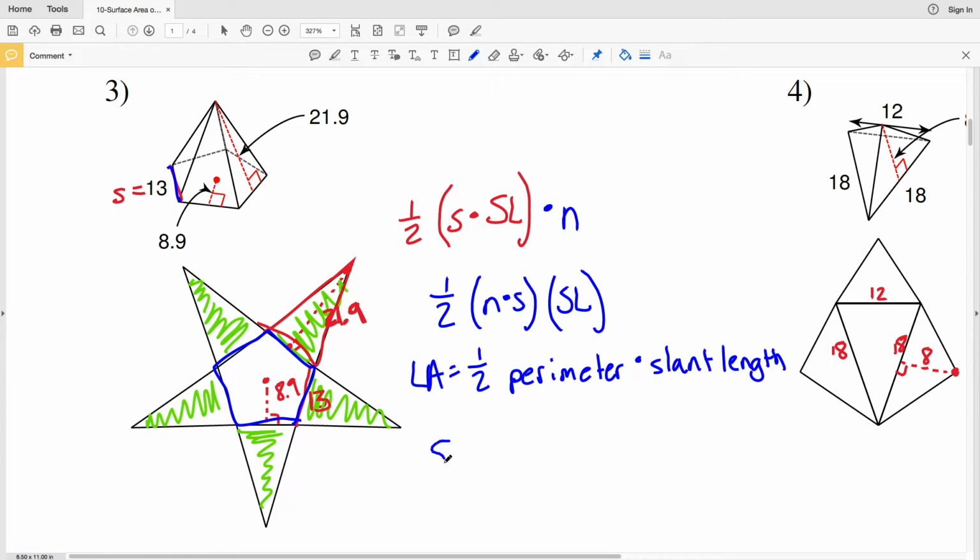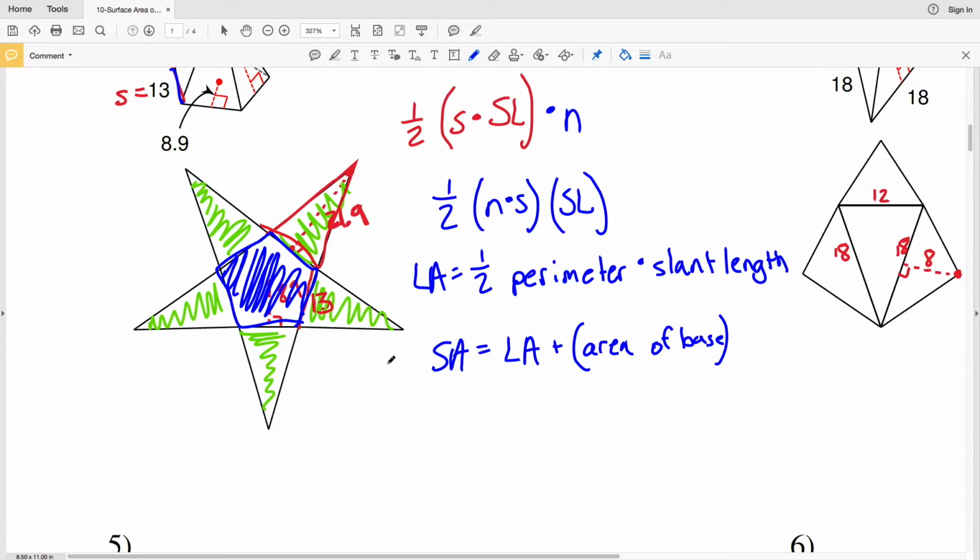And then of course for surface area, we take that lateral area and add it to the area of the base. With a prism, we would have to add it to 2 times the area of the base. However, there is only one base, so it's just added to the area of the base. So now let's pick up with number 7.